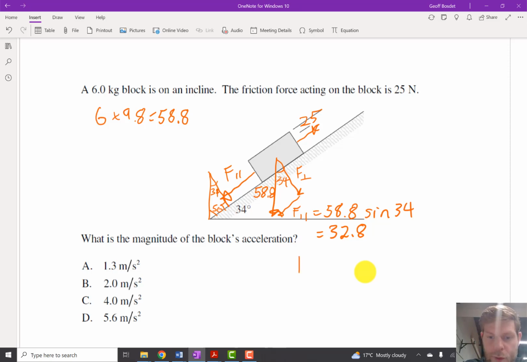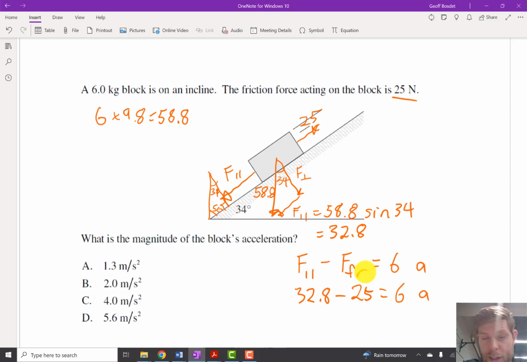So our big force is F parallel. Our small force is the force of friction, and that's going to equal the mass, which is 6 times a. So we got 32.8 minus 25, which is given to us right here, force of friction, equals 6 times a. 32.8 minus 25 gives us 7.8, equals 6 times a. So it's going to be a little bit more than 1, or 1.3.